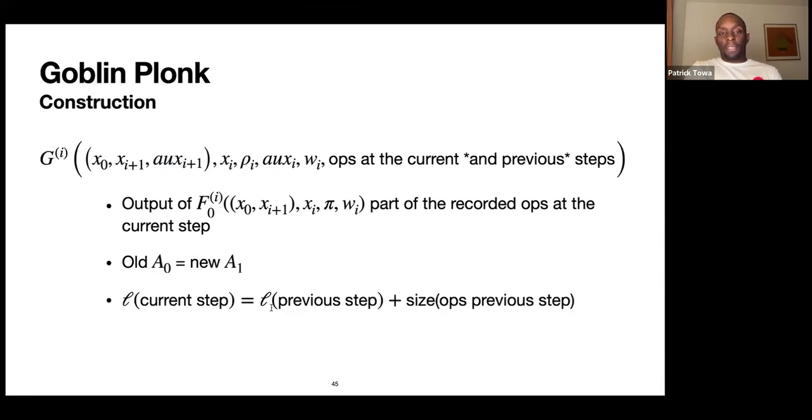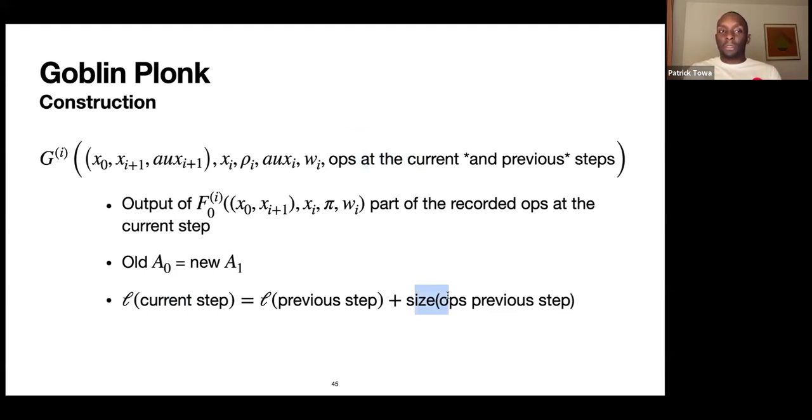Then I'm also going to check that the length L that is in x_{i+1} is the sum of the length that was in x_i plus the size of the operations at the previous step. Which means that to G, I need to give the operations at 2 consecutive steps, precisely to check that I've correctly updated the length.